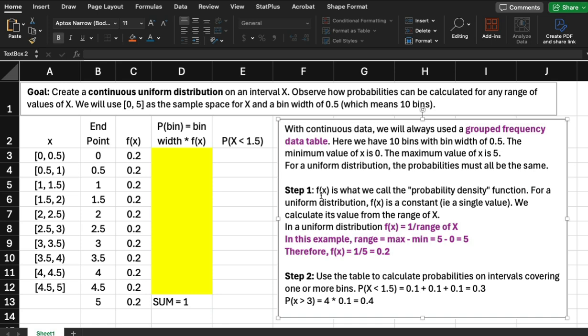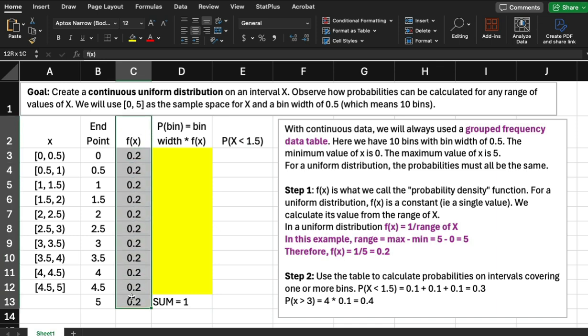Little f of x is what we call the probability density function. This is not giving us the actual probabilities for these numbers, and that's what causes some confusion. Little f of x is just measuring the height of rectangles that we need to calculate the area of.